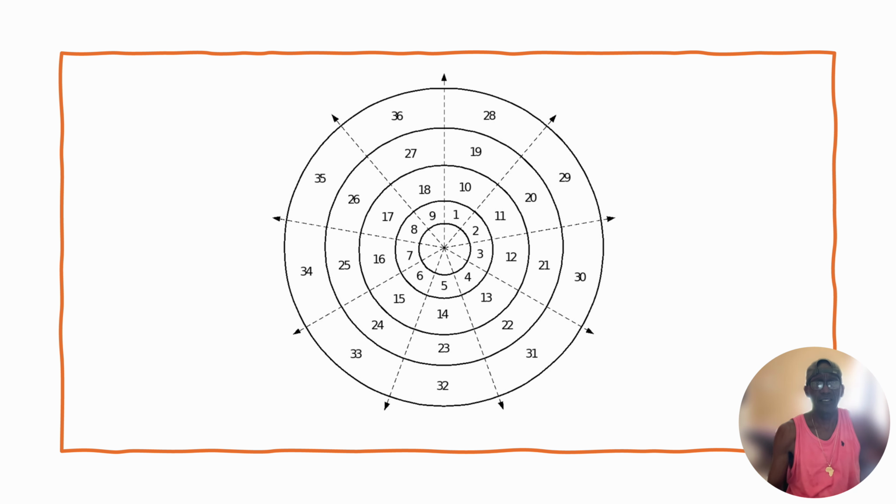Now, the beauty of this system lies in its simplicity and universality. Every number, no matter how large, can be reduced to one of the 9 root numbers.